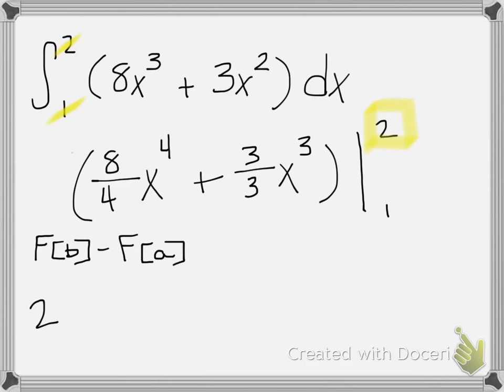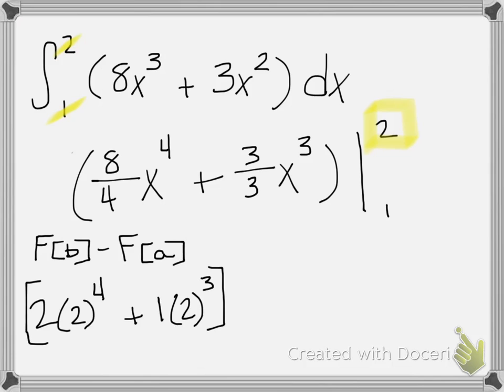So we're going to plug that in for x. So we're going to have 2 times 2 raised to the 4th, plus 1 times 2 raised to the 3rd. And that's our f of b.